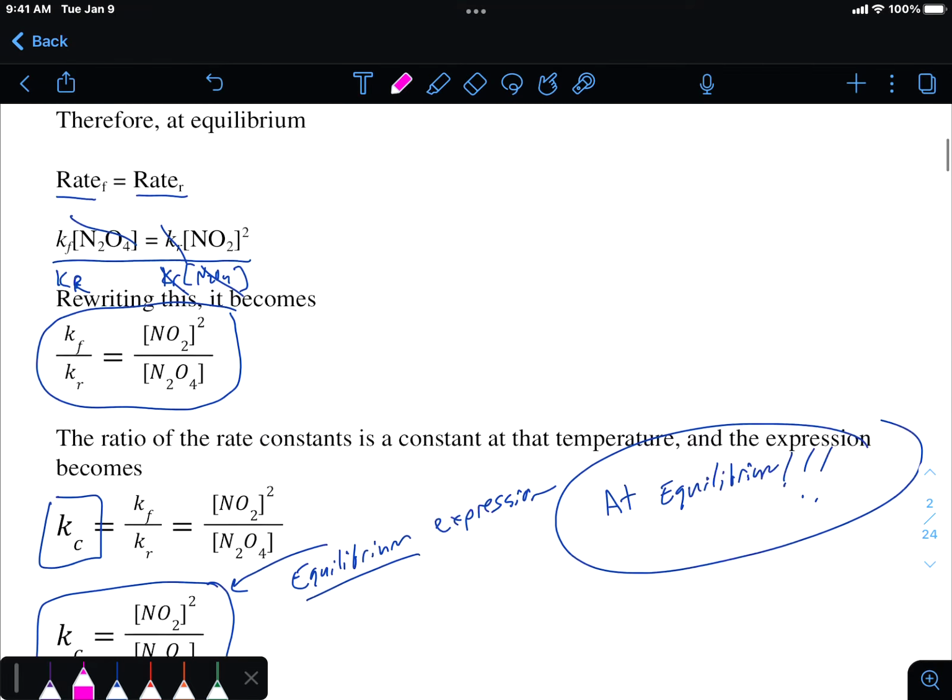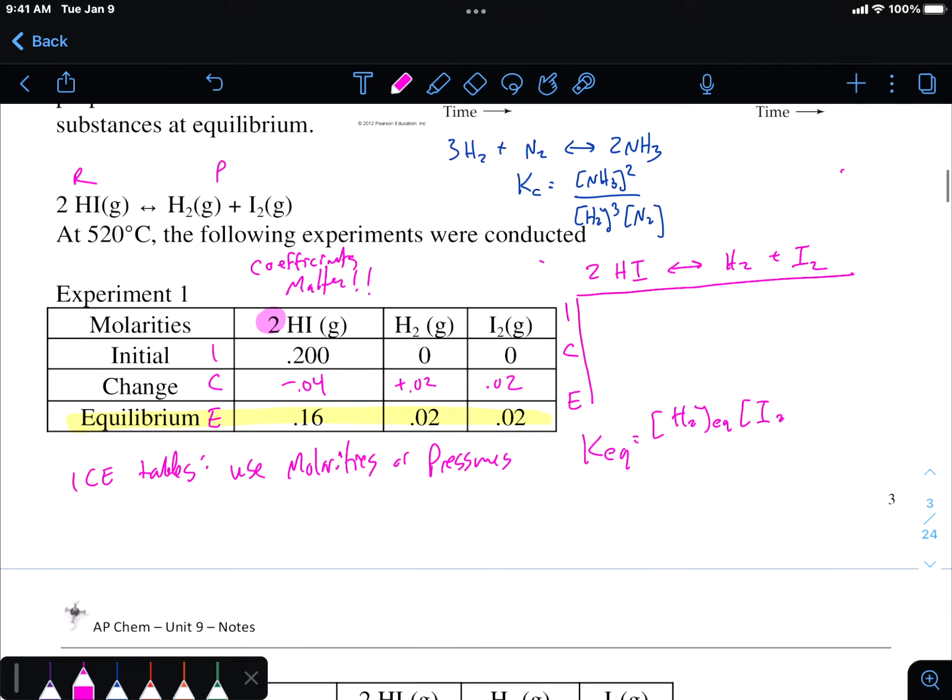Here we are. That's what we need to solve for the equilibrium constant, and we have each of those values, so we just substitute. The K will be whatever this turns out to be, about 0.0156.